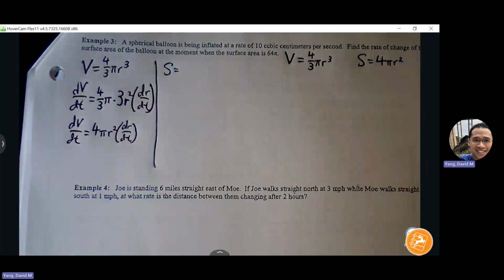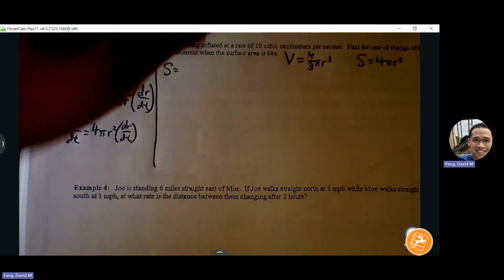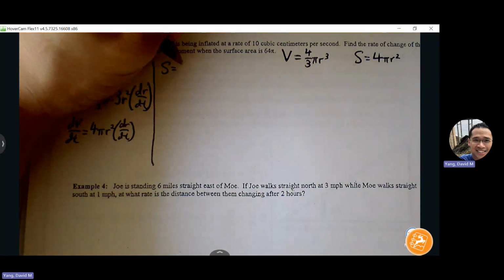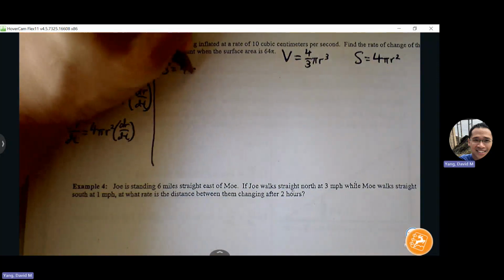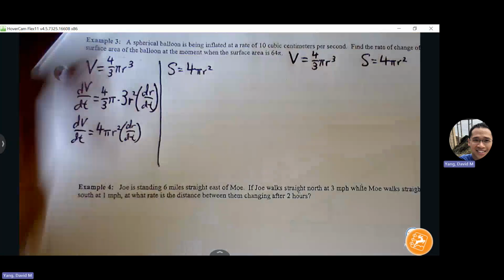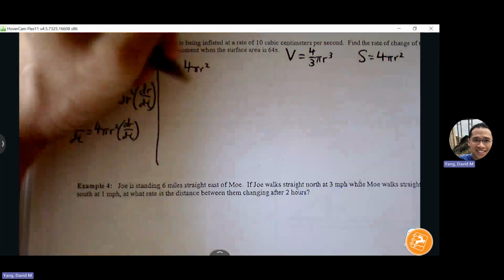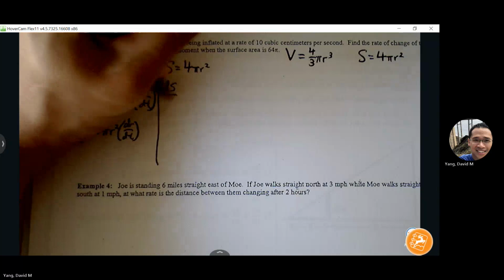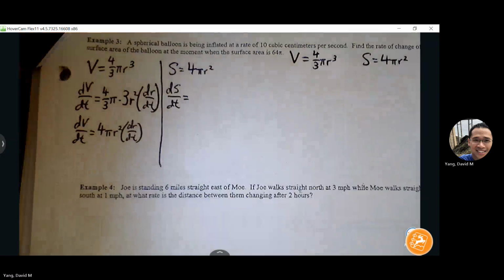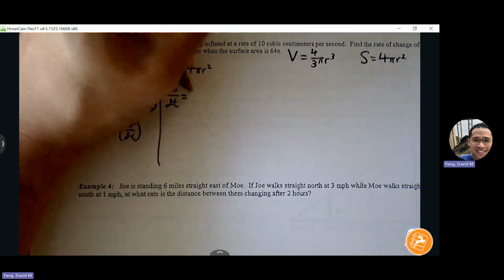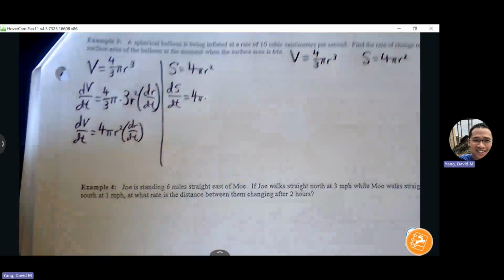I just want to get all the calculus out of the way so that we can have everything in front of us. Okay, surface area is 4 pi r squared. Let's find the derivative. S becomes dS over dt. 4 pi is going to stay. It's the r squared that's getting impacted.